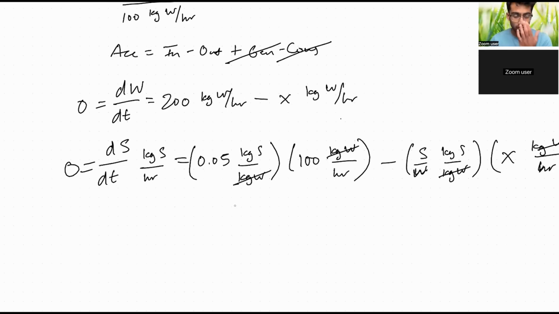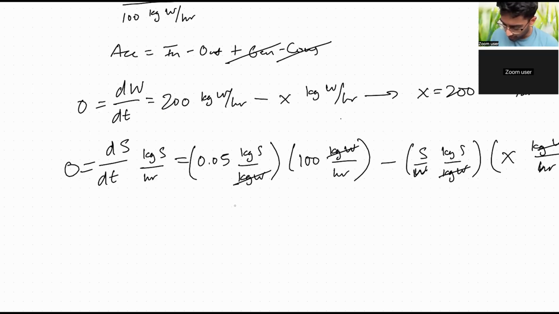Now it's just a matter of solving for each of the variables now that we have our equations. For this one, we see that x equals 200, kilograms of water per hour.